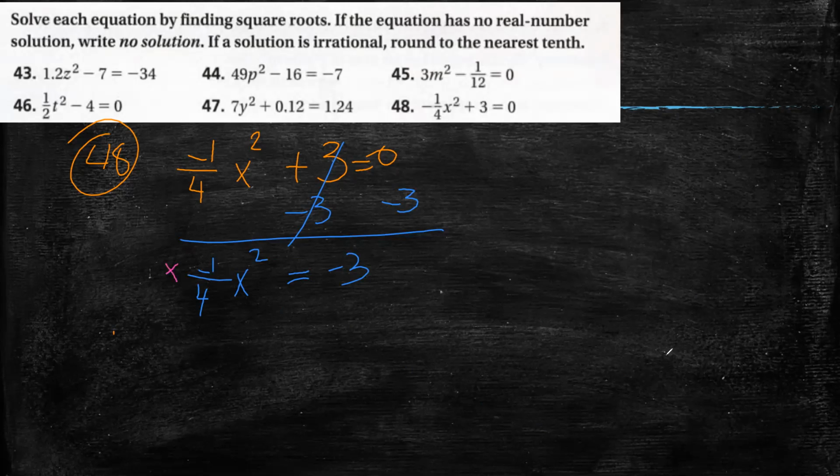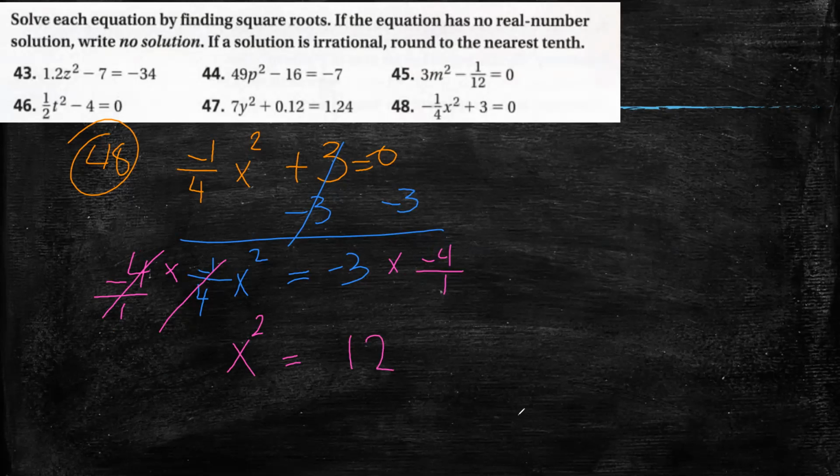So I will multiply by the reciprocal of negative 1 over 4, which is negative 4 over 1. By multiplying by the reciprocal, I isolate x squared, which is equal to 12. X squared equals 12.